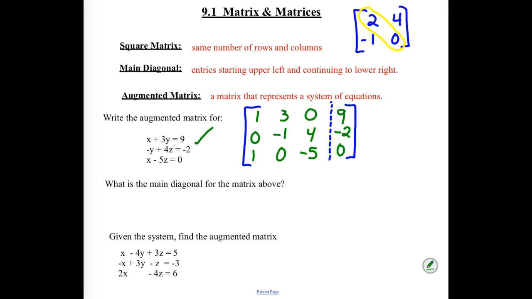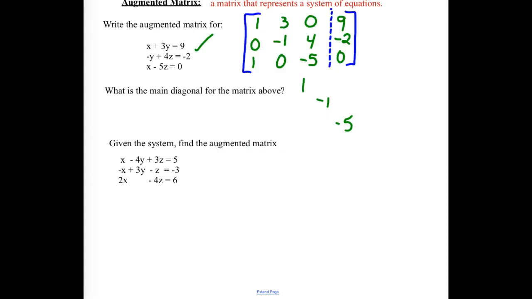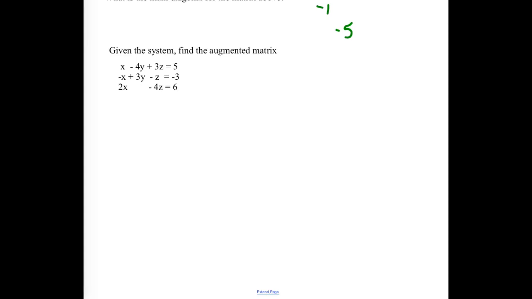What is the main diagonal in this one? What numbers do you see in the main diagonal? 1, -1, and -5. Okay? All right. Go ahead and write an augmented matrix for this next one. All right, checking.